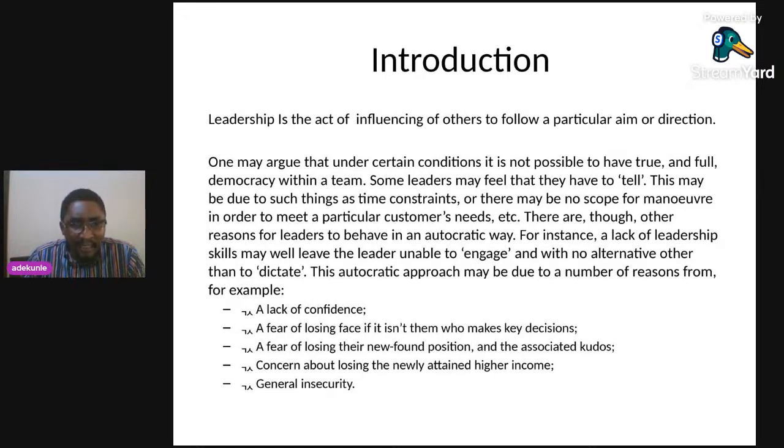You see autocratic or dictatorship within an organization where the person in question is also scared that he or she might lose their job if they don't come down hard on you. And of course, inferiority complex is actually the summary of why a leader may behave autocratically or dictatorially. They are generally insecure, as we can see.